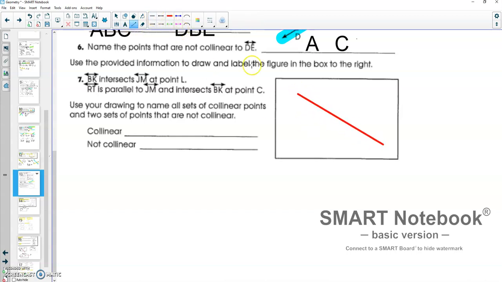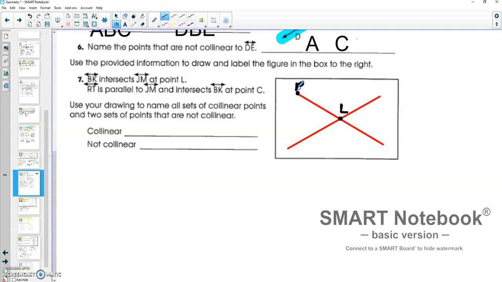It doesn't matter where they are. All that matters is that they intersect across. Okay, now let's start labeling. I'm going to put L. L is at the point in the middle.